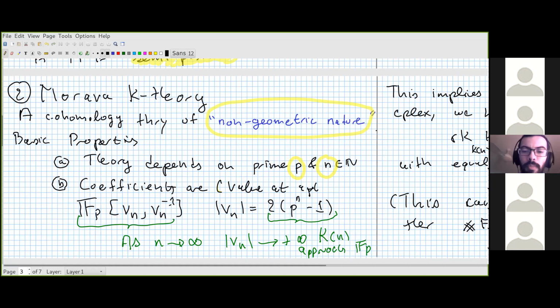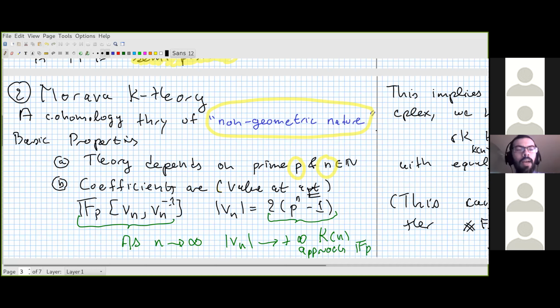A generalized cohomology theory assigns graded groups to spaces, and in particular it assigns something to the point, the simplest space you could imagine. What we want to assign to it is Laurent polynomials over Fp. The variable in the Laurent polynomial has a non-trivial degree, which I wrote over here: 2 times (p^n minus 1).